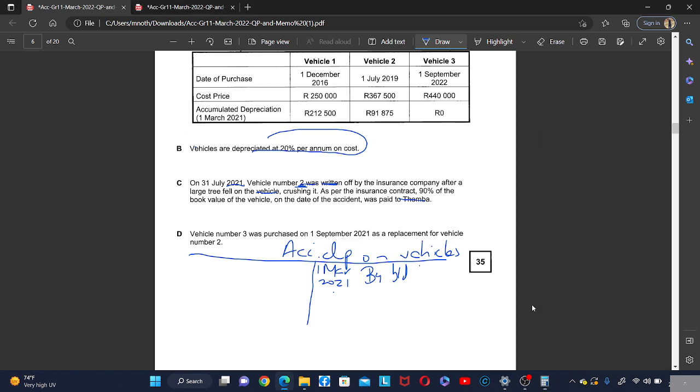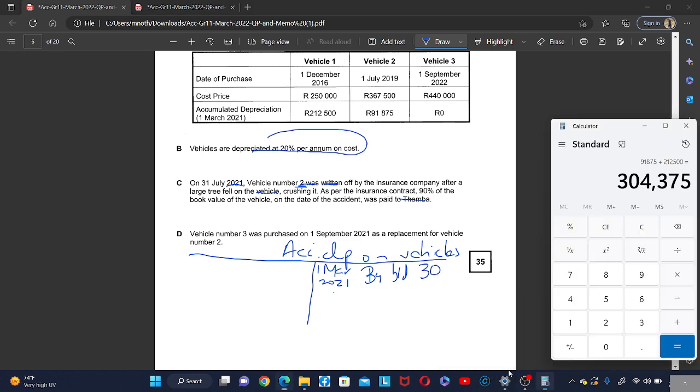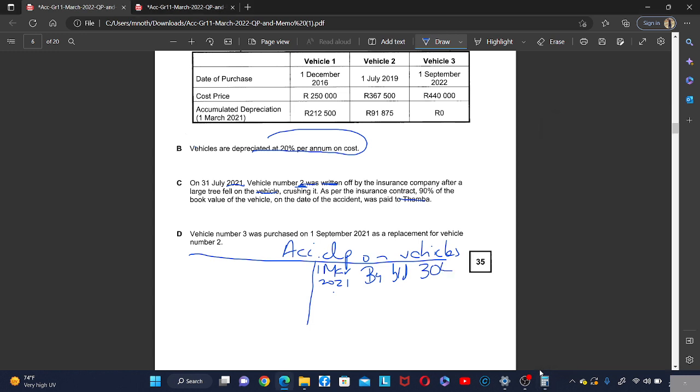Meaning that when we started this year, the accumulated depreciation total on vehicles was 304,375. But we know that this accumulated depreciation includes vehicle number 1 and vehicle number 2, because vehicle number 3 was bought during the year, so it does not have accumulated depreciation yet.